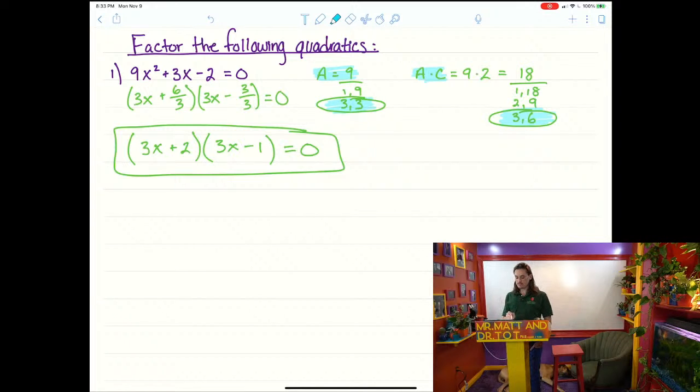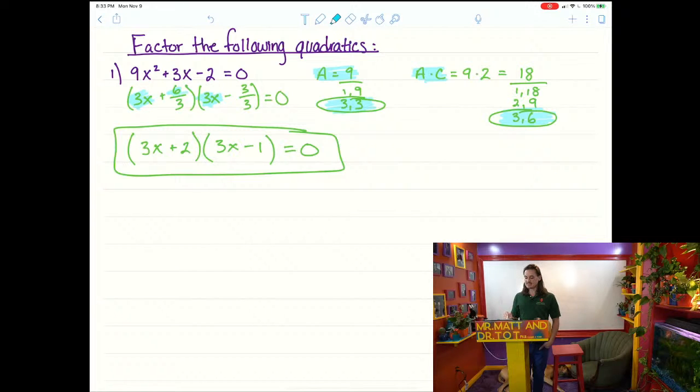So I started by placing the a values because I can't change those. I placed the factors of a as 3x and 3x into the left positions of the parentheses. And then, because they're both being affected by coefficients of 3, it really doesn't matter technically which place you put them because the coefficients are the same number.